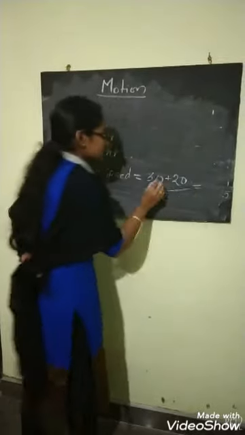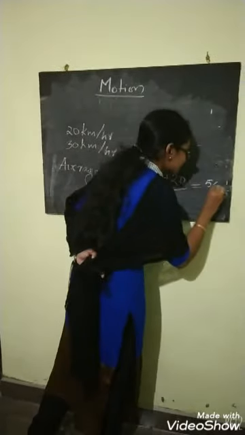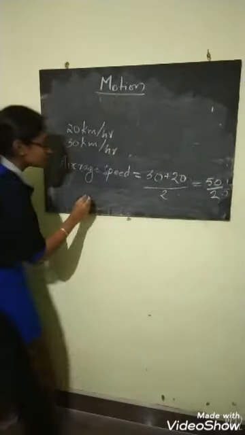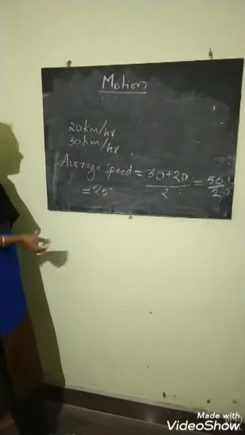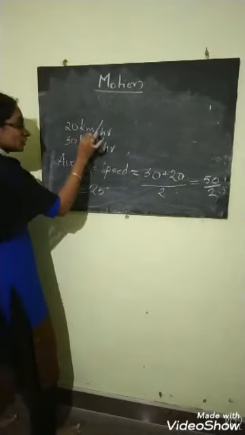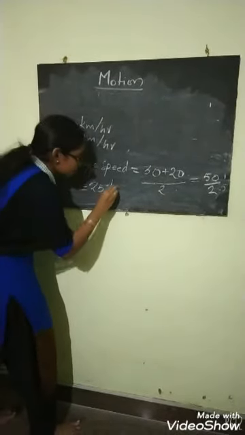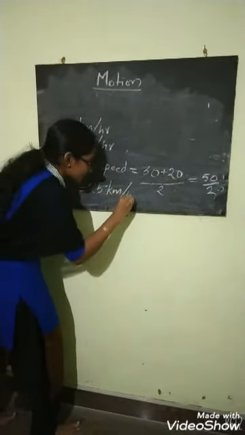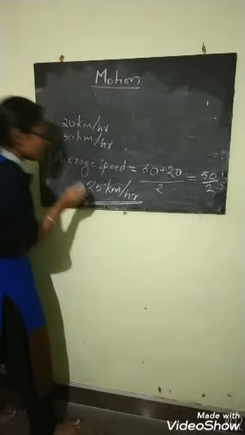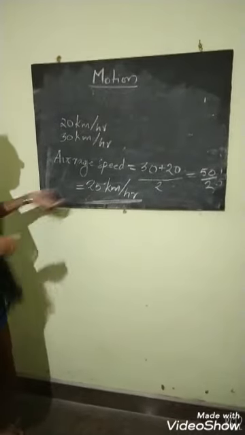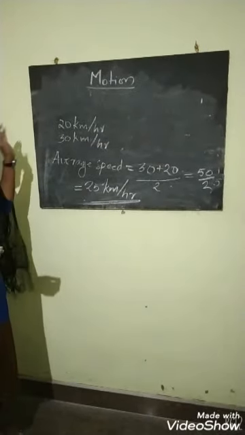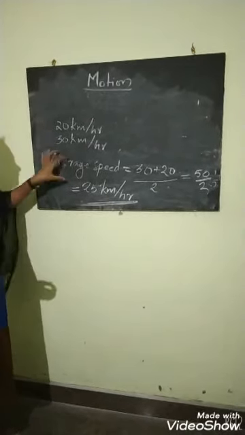It is 30 plus 20, 50 by 2, that is equal to 25. What is the unit here? Kilometer per hour. This is the average speed of that person. I think now it's clear for you. This is all about this problem.